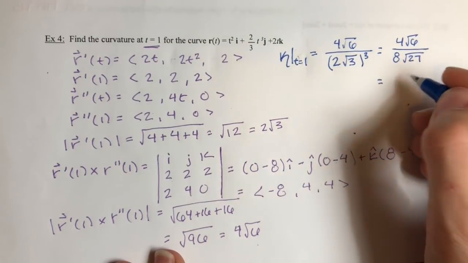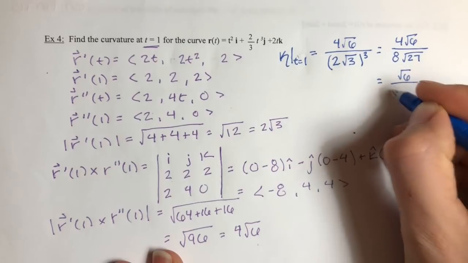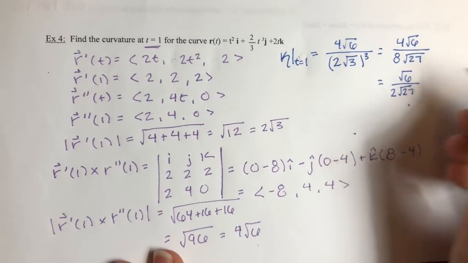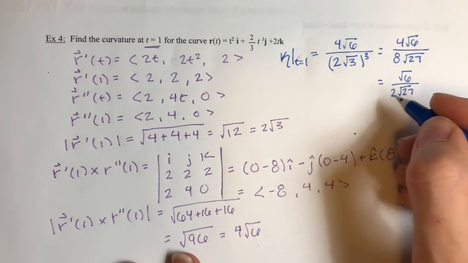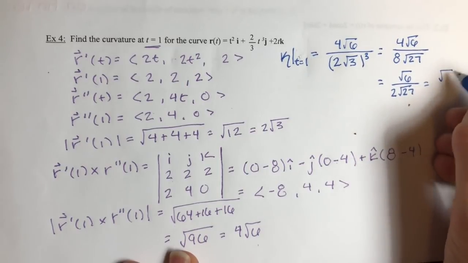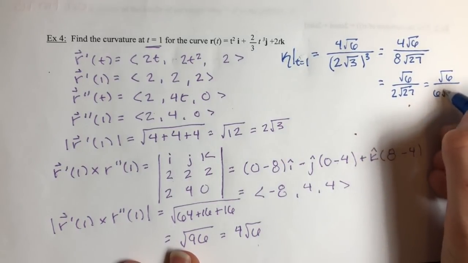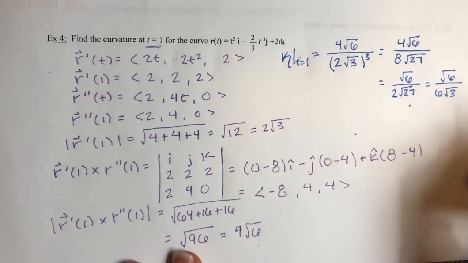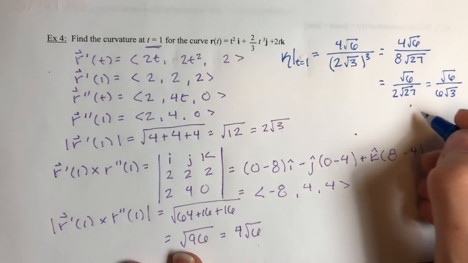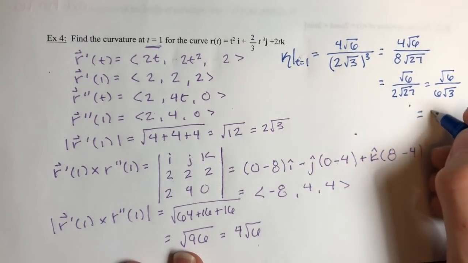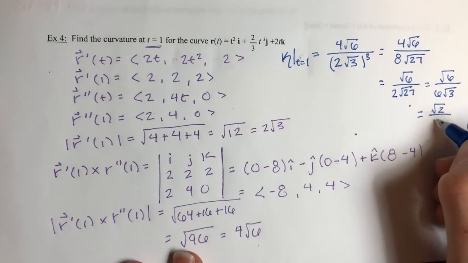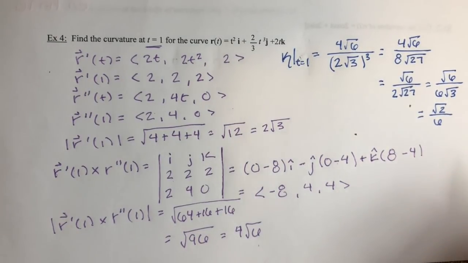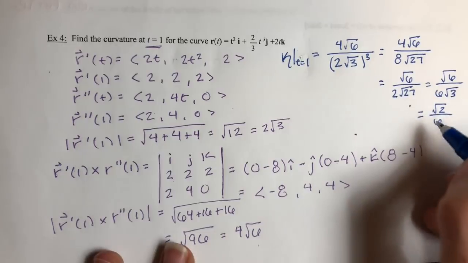So I could divide that. I could get root 6 over 2 root 27. Okay, maybe root 6 over 6 root 3. Then finally, if you really want to take it one more step, root 2 over 6. It's a nice rationalized answer for all those who like rationalizing.